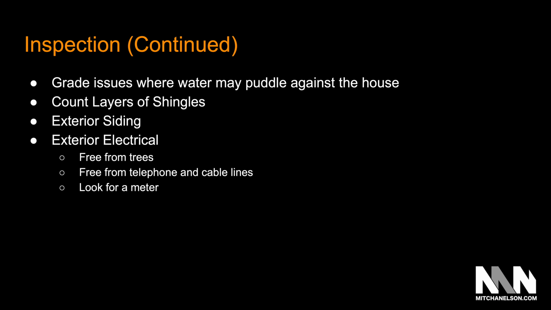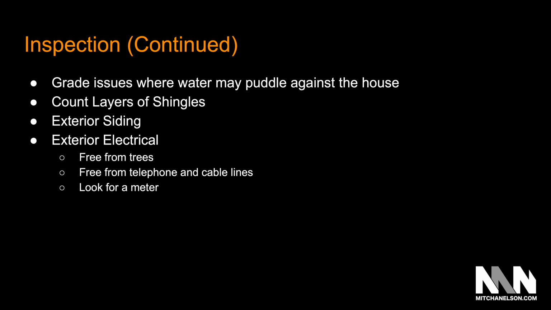Exterior siding. Make sure the siding not only makes the house beautiful. And when we're talking about siding, we're not just talking about aluminum or vinyl siding, we're also talking about stucco, wood siding, brick, any material that could be used on the outside of the house. You need to make sure that it's in good condition, because in addition to making the house look beautiful, it also has a secondary job of keeping moisture and elements out of the house, right?